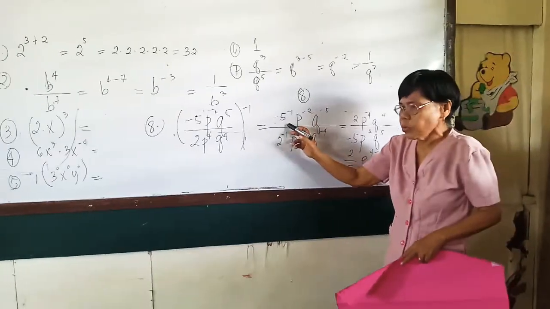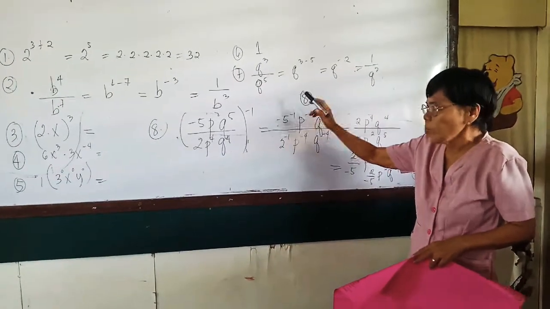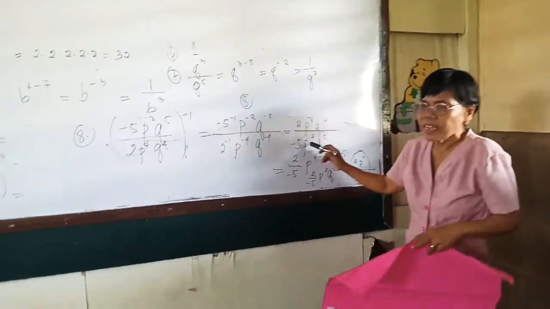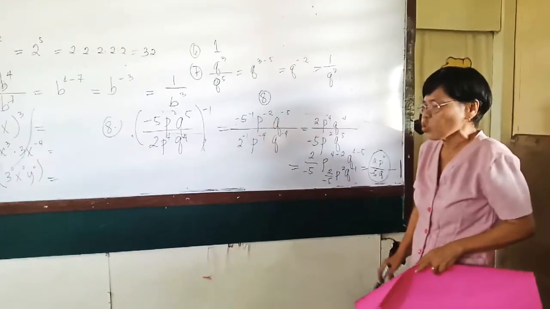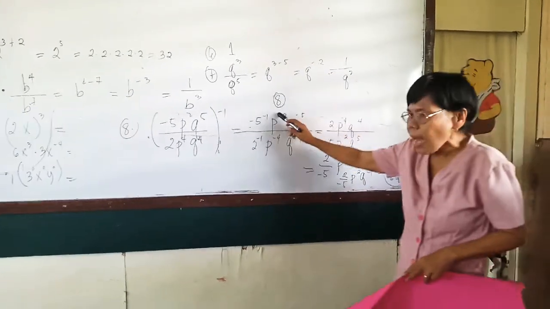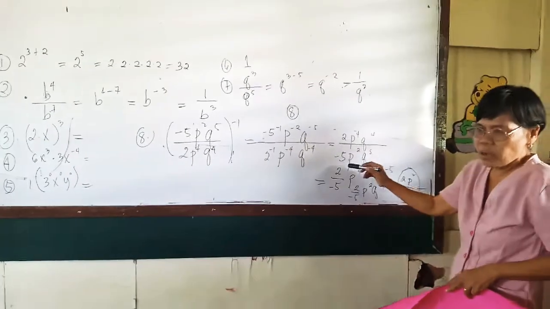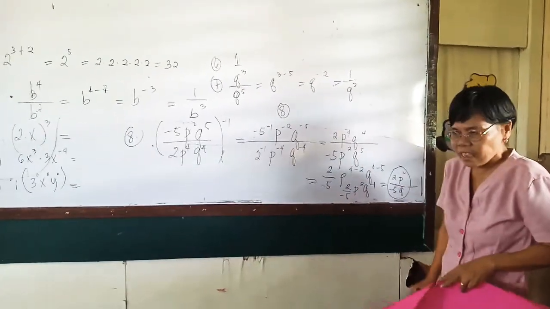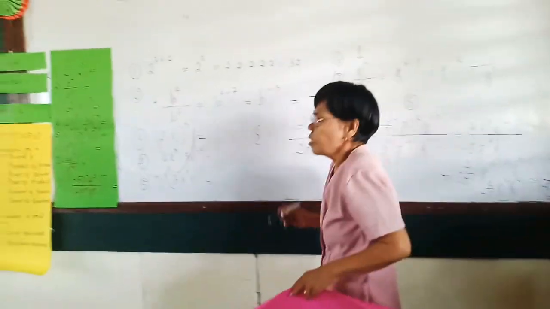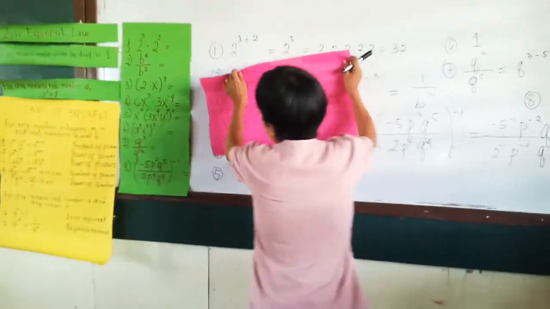Then here also, the negative exponent, to eliminate it, you put it down so that the negative sign of the exponent will also be eliminated. That is why the 2 goes up and the 5 goes down, just because of their negative exponent. Okay, so let us proceed to another problem.